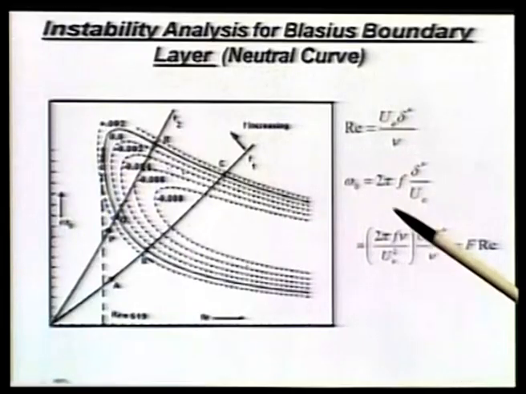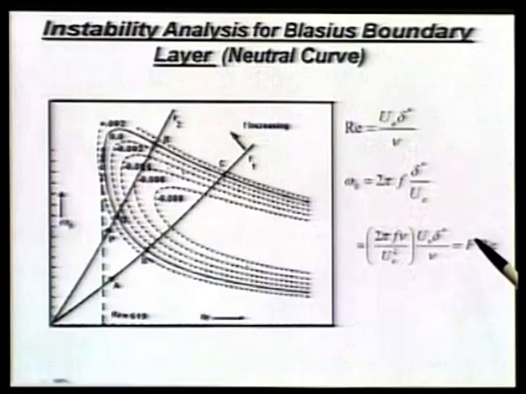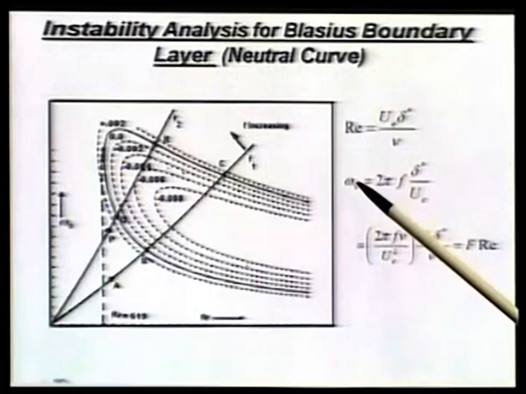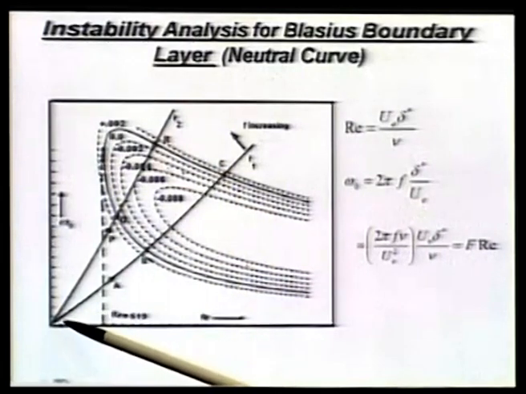So, if I investigate the R e omega naught plane, constant frequency lines would be where F is equal to omega naught by R e. So, these lines originating from the origin are going to be constant frequency lines.